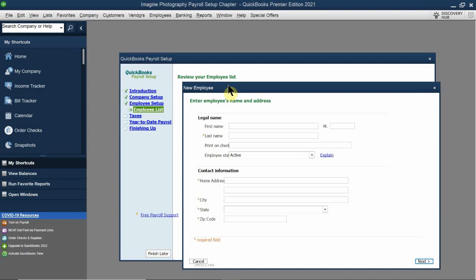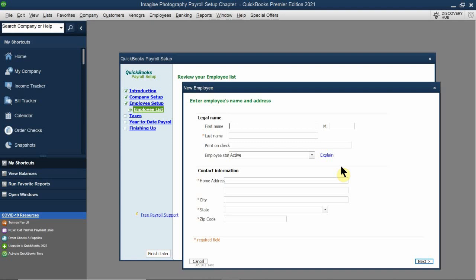Okay? All right? So the first one is going to be legal name. This must be the legal name that is written on both your Social Security card and your state identification card. It has to be the legal name. It cannot be a nickname. Okay.